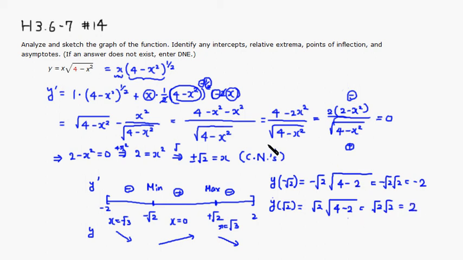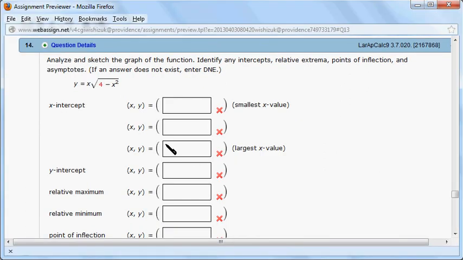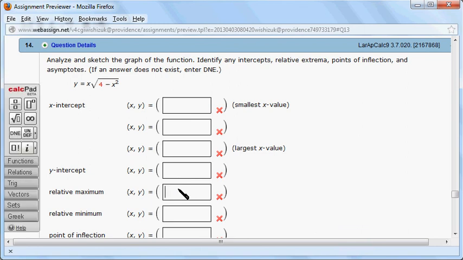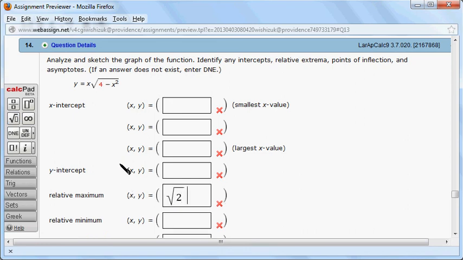All right, so we found a minimum here. Local minimum is negative 2, and local maximum is positive 2. So let's type that in. Right, so relative maximum is at square root of 2, comma, 2.